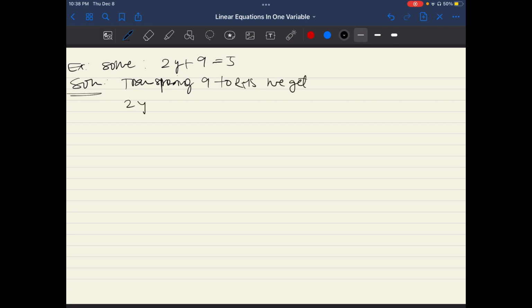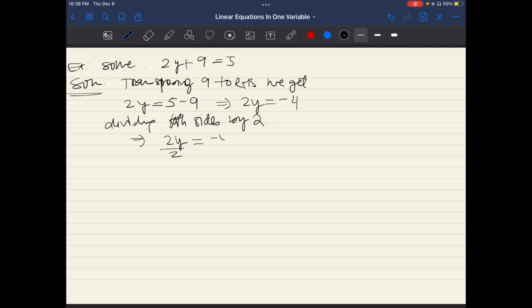We get 2y equals 5 minus 9, which is 2y equals minus 4. And now the second mathematical operation we will be doing here is dividing both sides by 2. We get 2y over 2 equals minus 4 over 2, which means y is minus 2.